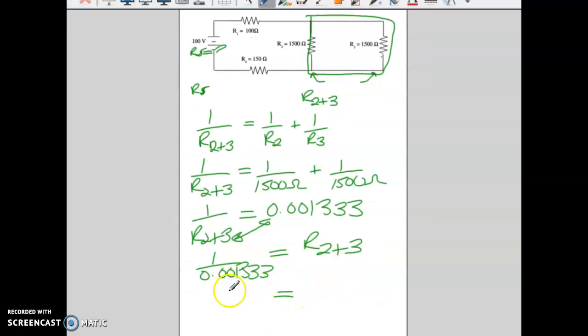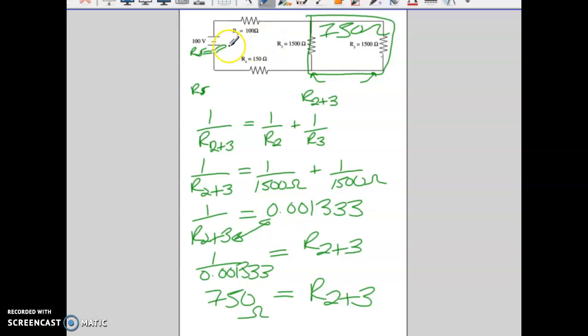So this is 750 ohms. Okay, so we figured out that this entire block is 750 ohms. So now that we know this, we're going to consider this to be this entire section.